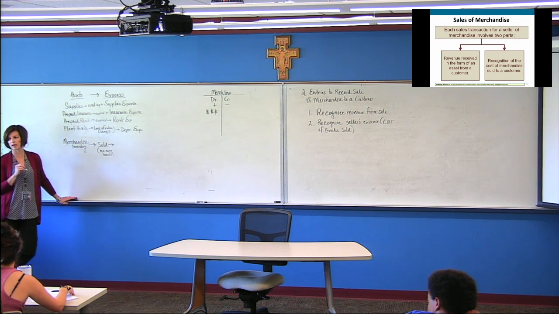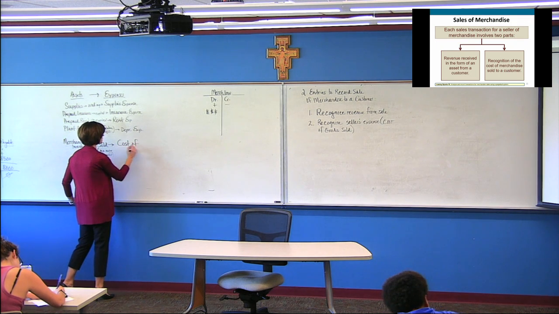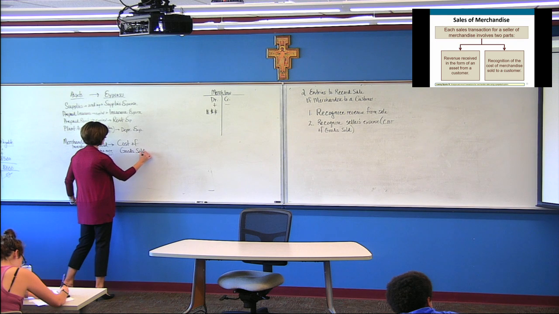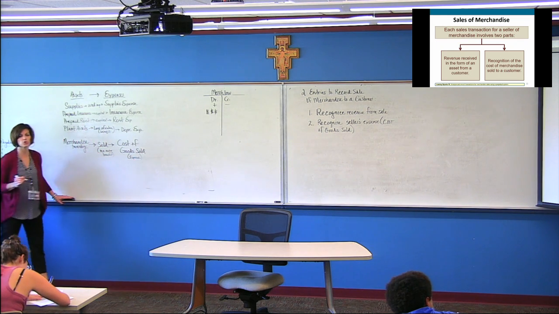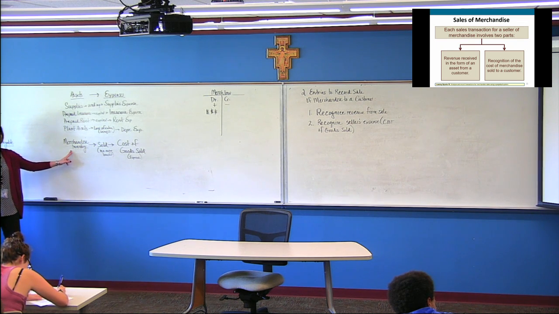What was your new expense account you were introduced to in this chapter? Cost of goods sold. So it's the only expense account that doesn't have the word expense in it. It is an expense account. So when merchandise inventory gets sold, it gets transferred to cost of goods sold because it's no longer considered an asset, because it's no longer providing me a benefit.